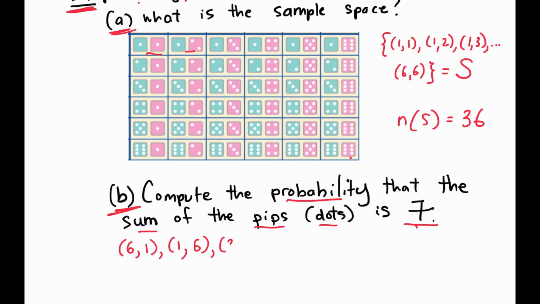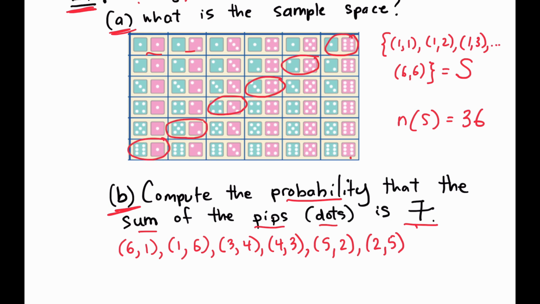We also have a 3 and a 4, or a 4 and a 3, a 5 and a 2, or a 2 and a 5. I'm just listing the different ways you can get 7 from dice. If you want to think about this visually in our diagram, these outcomes correspond to these 6 things right here. Those all add up to 7.